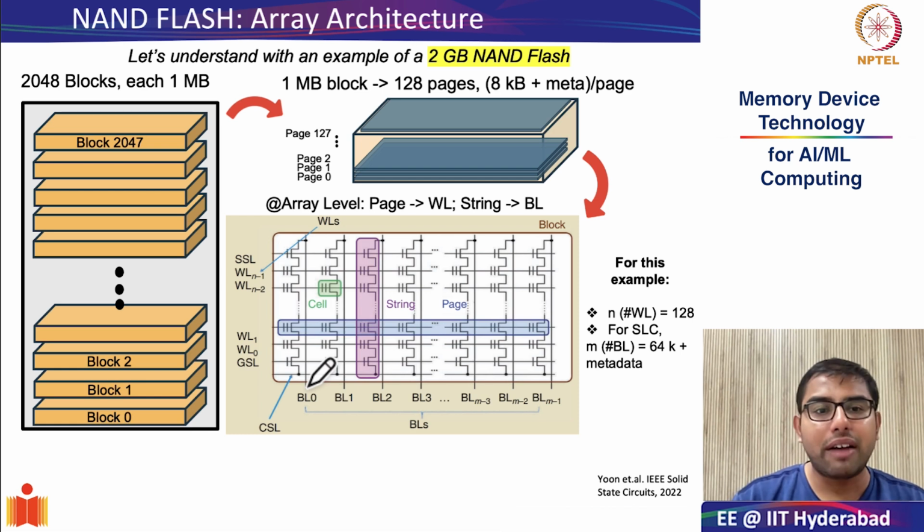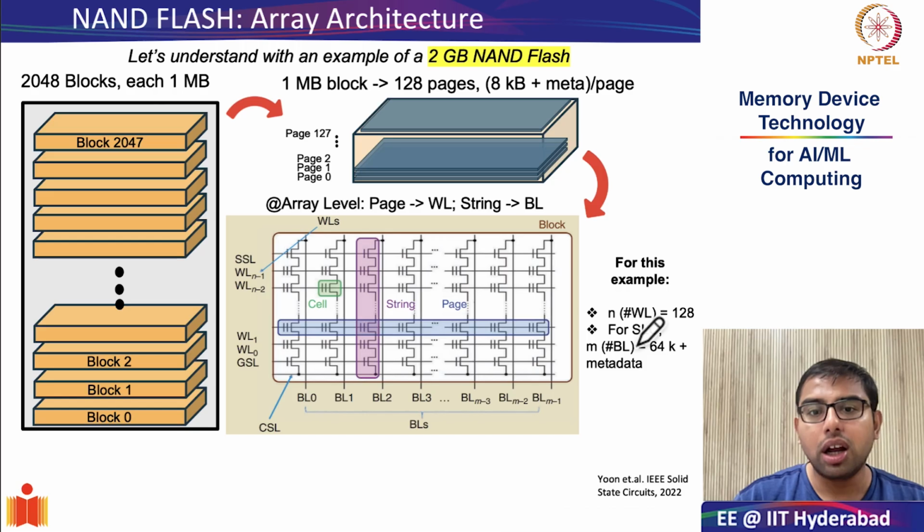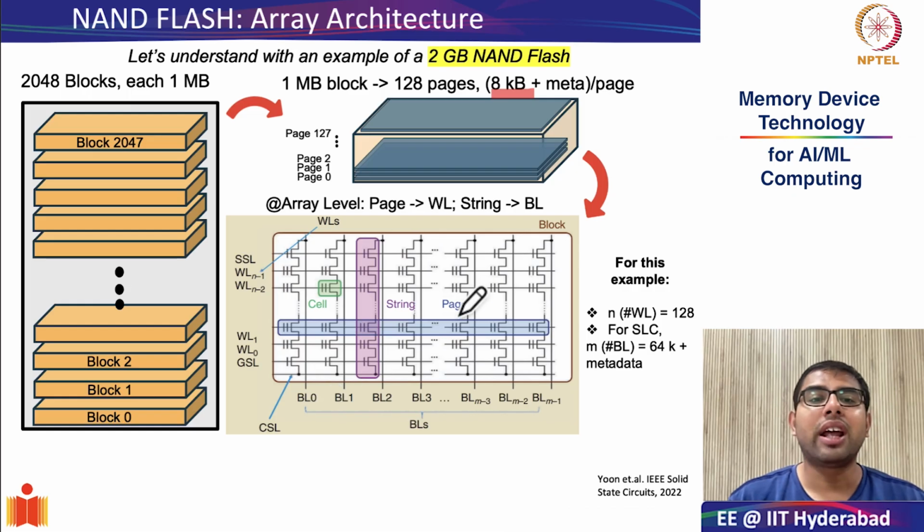In addition to having 128 word lines per block, there will also be several bit lines. So let's see how many bit lines there will be. If you consider a single level cell, the number of bit lines will be equal to the cells needed to store 8 KB of data. As we know, 8 kilobytes of data is 64K cells, or 64,000 cells. So the number of bit lines will be 64,000 in this particular example.